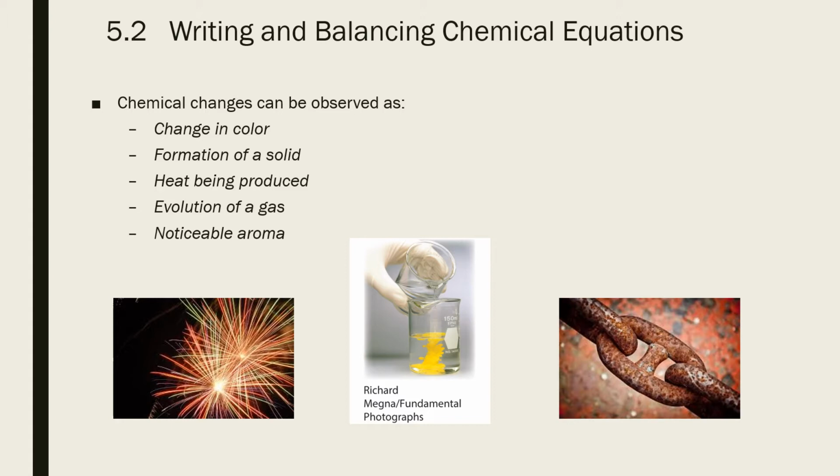During a chemical reaction, we may observe a change in color, and we may see the formation of a solid. For example, a yellow solid is formed when we mix these two liquids. We may observe heat being produced, for example, a firework, or maybe an evolution of a gas, it may bubble also, or we may notice an aroma.